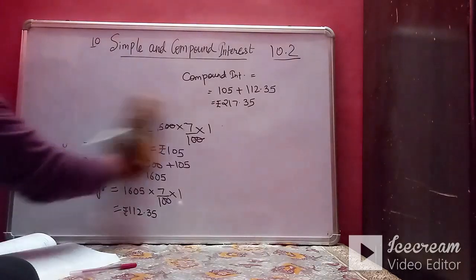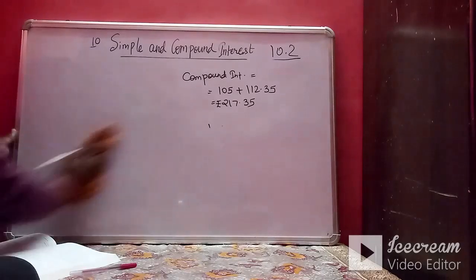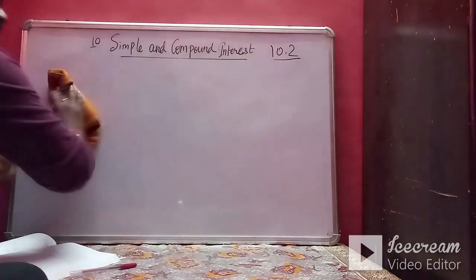Okay, let's see one more question. In this we have calculated the compound interest. So in question number 3, what is given? Calculate the amount and compound interest by simple interest method on rupees 4800, that is principal is rupees 4800 for 2 years.